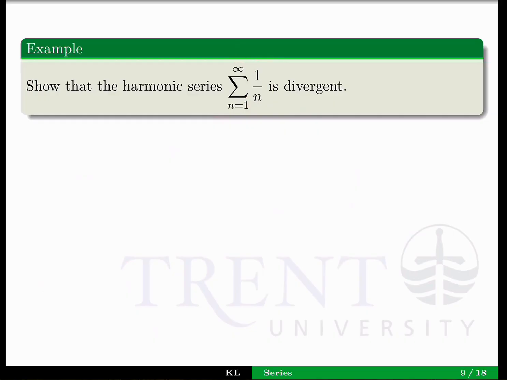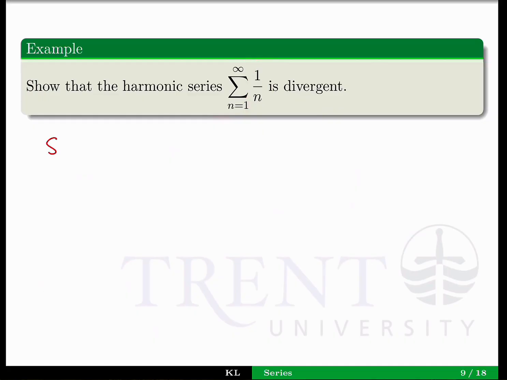According to this problem, you want to show that it is divergent. This is a popular series, and here we will show that this series is divergent.